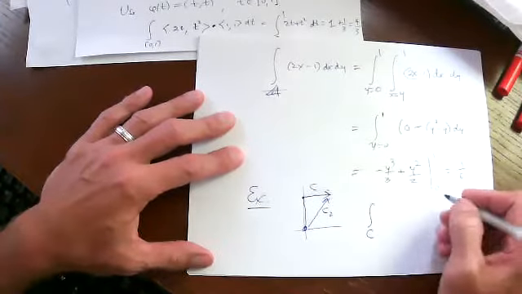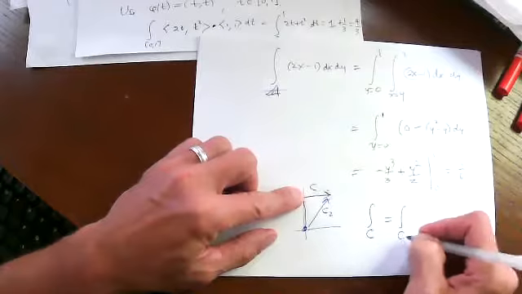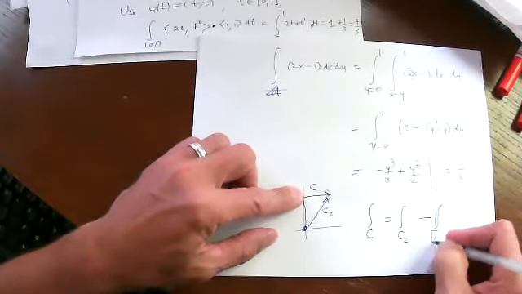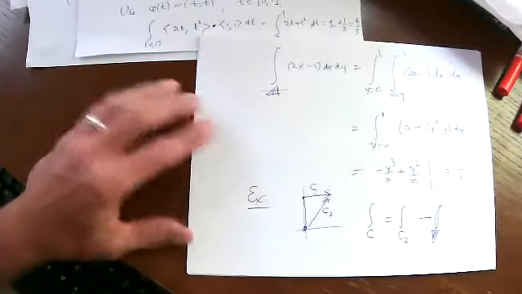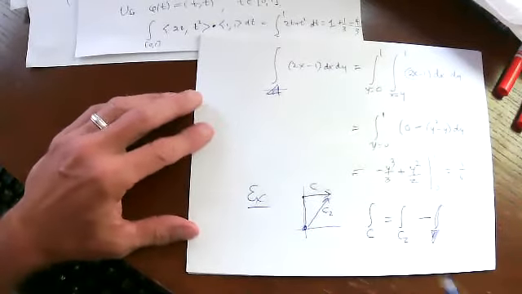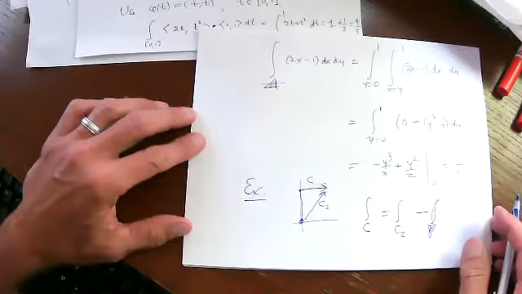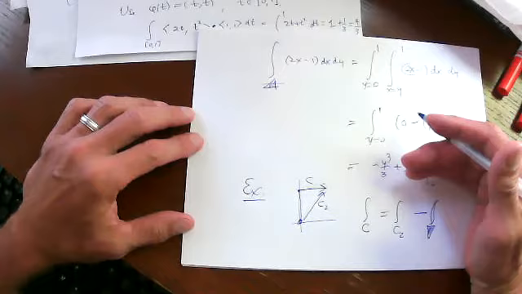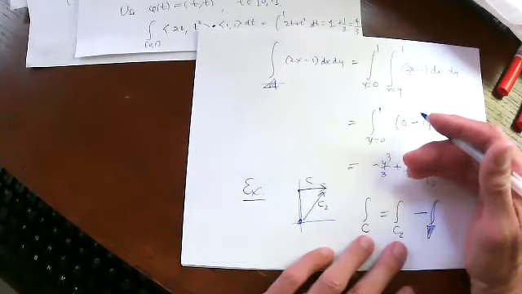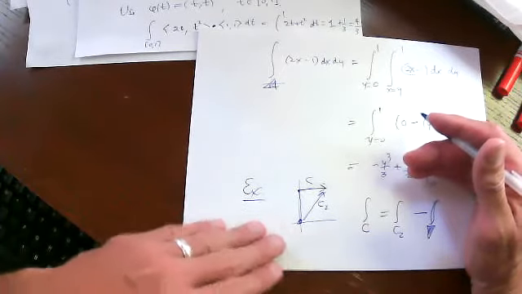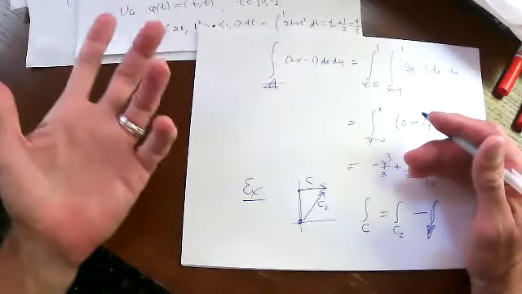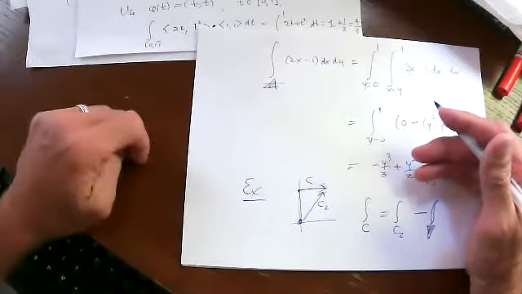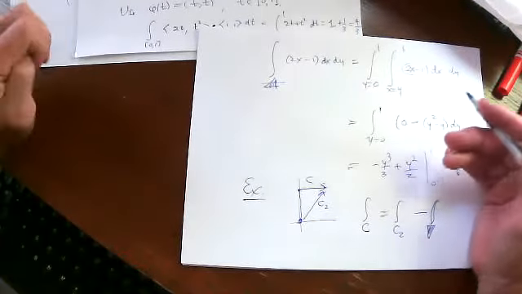So this time the integral over the curve C will be equal to the integral over the curve C2 minus the surface integral over this triangle. I won't write in the integrands because they're the same as in the previous theorem. So you can deal with it, but you do have to be alert. You have to make sure that the closed curve you're creating comes from subtracting the appropriate curve from the other curve in such a way that you're going around the boundary of your region counterclockwise. Or if you end up going clockwise, remember to put in a minus sign.